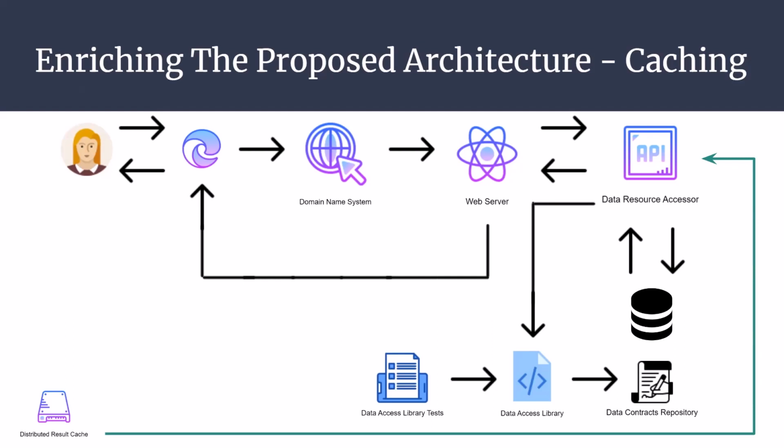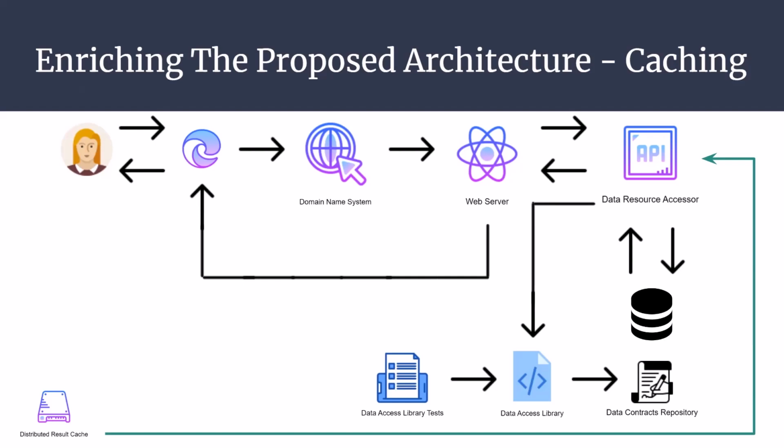Please keep in mind that in case a query result needs to be changed, it is the responsibility of the data resource accessor to invalidate the cache so that following requests will reach the database. Now, why did I say distributed cache and not merely cache? The reason for this is mostly the system's scalability and fault tolerance.